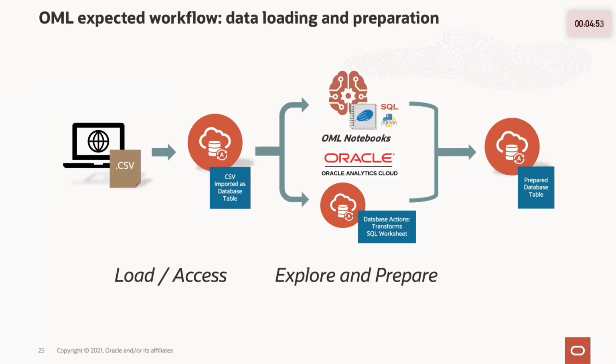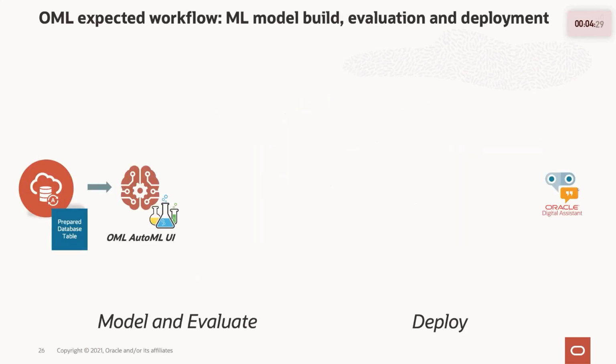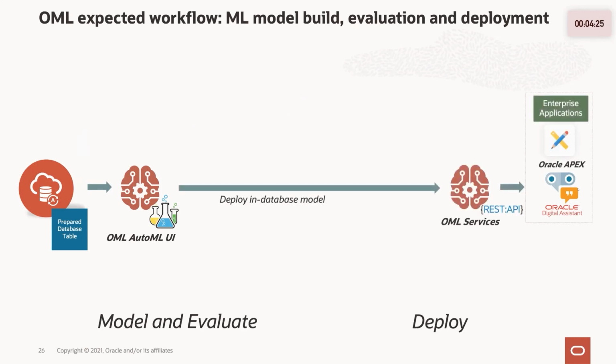So the expected workflow is basically that a person receives a CSV file, right? Data from somewhere. You import that data as a database table. And then you can use any of these different tools that we have available to manipulate and prepare the data, right? And once you have that prepared database table, we proceed into the OML AutoML UI. At that point, you're going to be able to deploy in-database models.